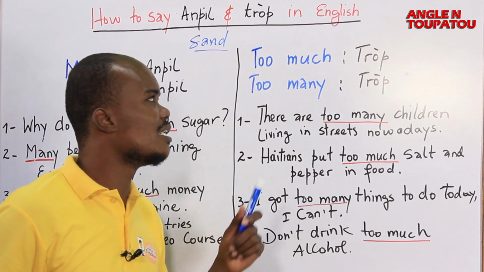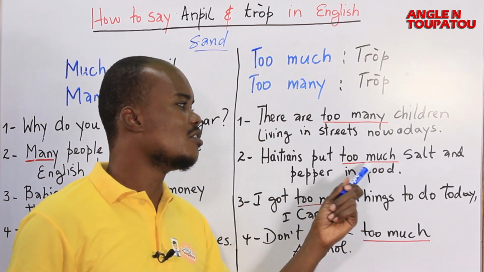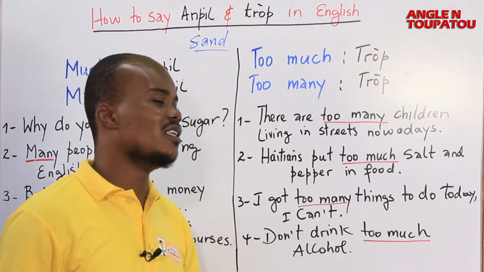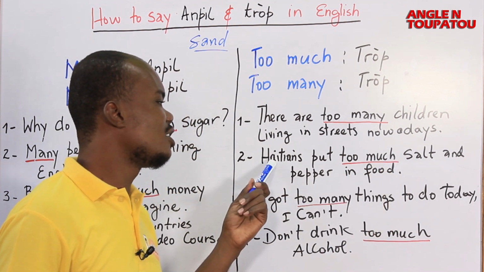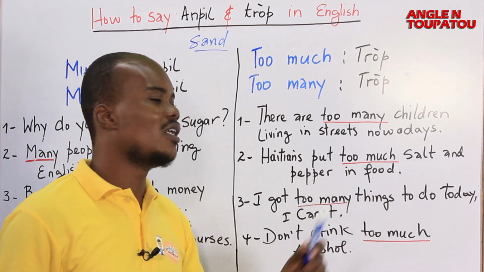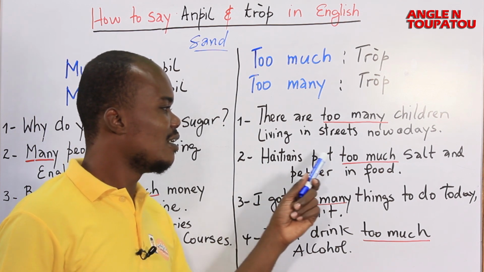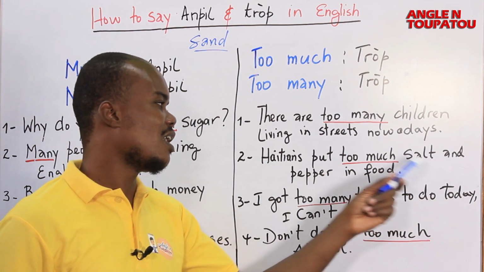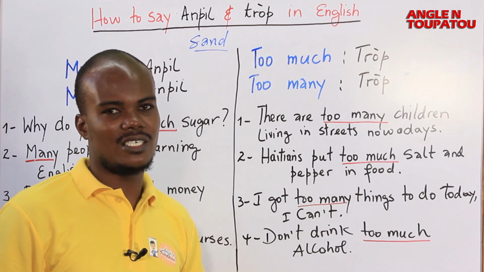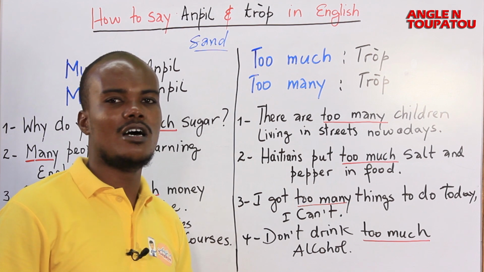Now, a second example for much. Haitians put too much salt and pepper in food. Not everybody, but I know Haitians love pepper.